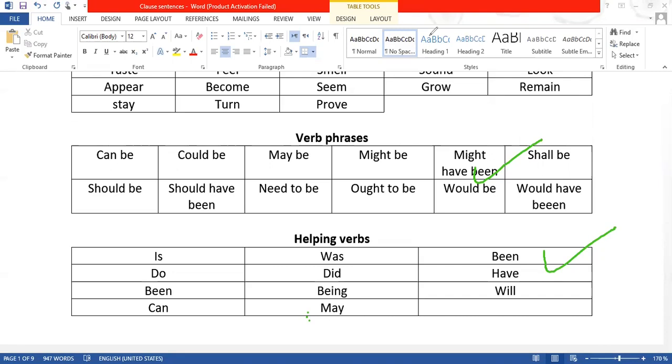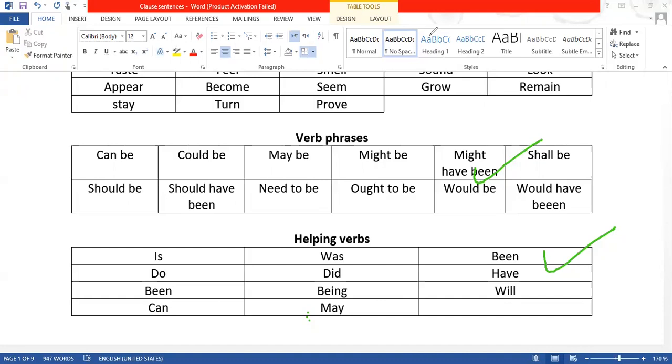For example, if I say, do you play cricket or do you take class? Here, this do is just telling us that it is a present tense. Or for example, did you call me yesterday? Now, this did is just telling me that it is a past tense. Or for example, will you take class? Again, this is just telling us that it is a future tense.